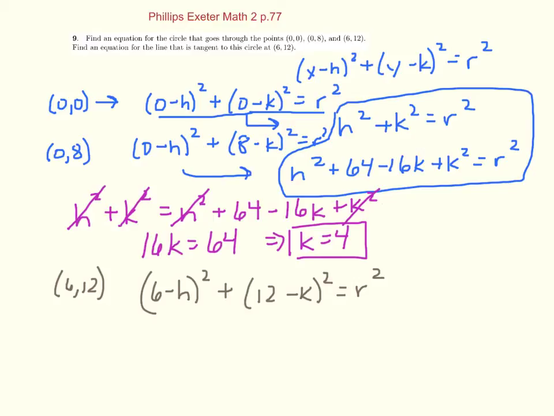Okay, and I'm going to simplify this a little bit further. So we have 36 minus 12h plus h squared plus 144 minus 24k plus k squared. And I'm not even quite sure if I needed to do that or not.